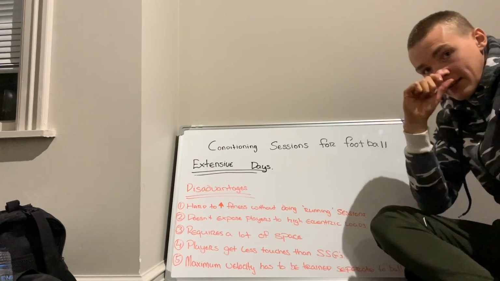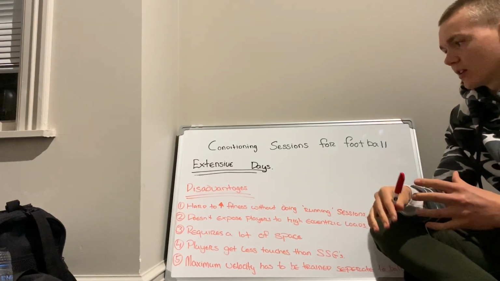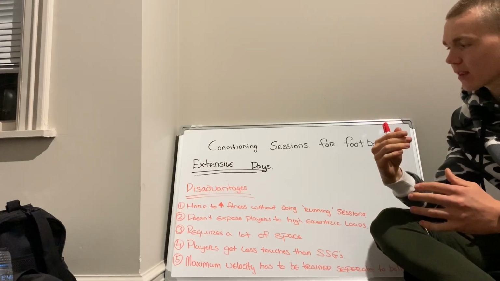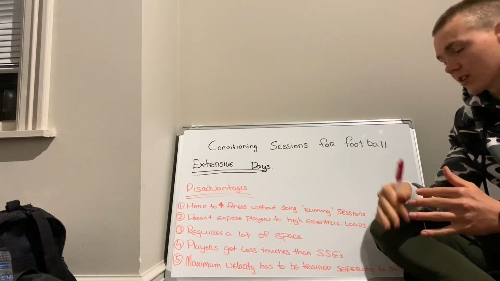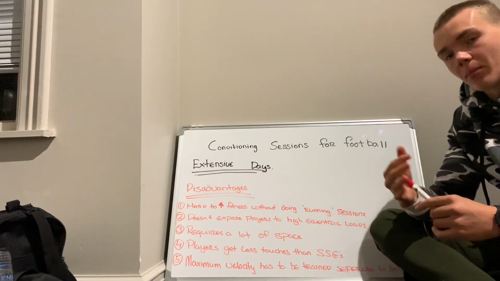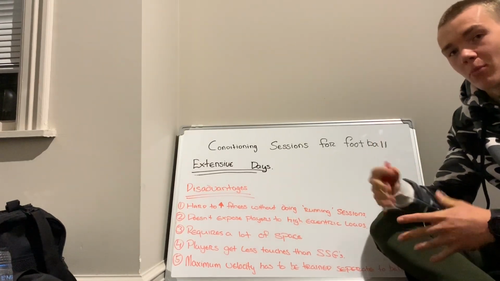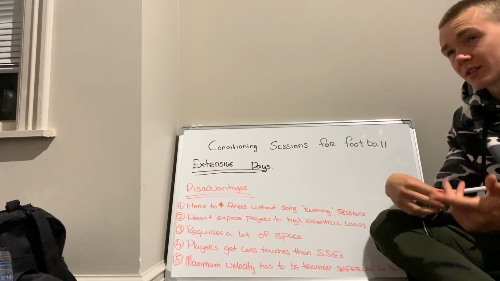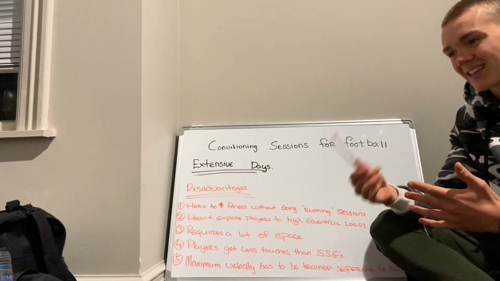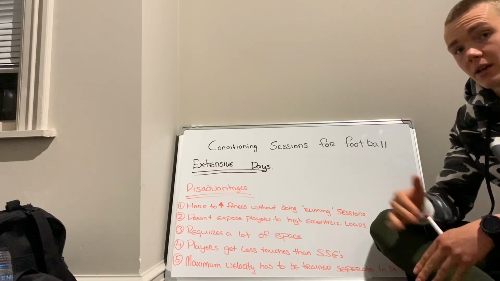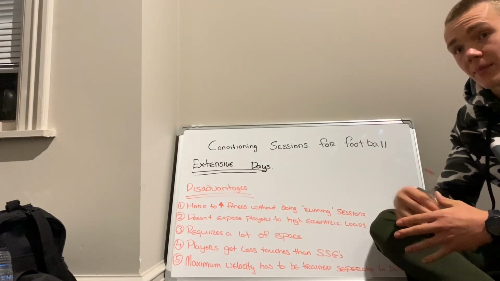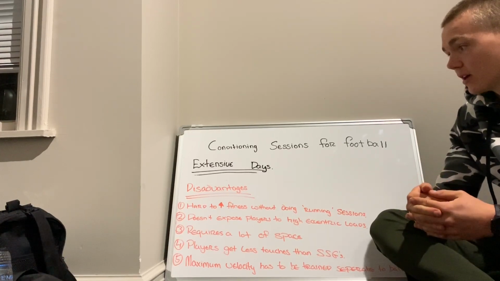Okay, so let's look at some of the disadvantages of extensive days. So the first one is it's hard to increase your fitness without doing specific running sessions that might not include the ball, so might be a bit more boring for your players to do. In large sided games like 7v7s, 8v8s, 9v9s, the intensity is usually not as high, so players aren't working at as high of a heart rate as they would be in their small sided games.